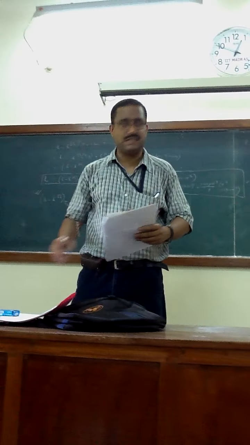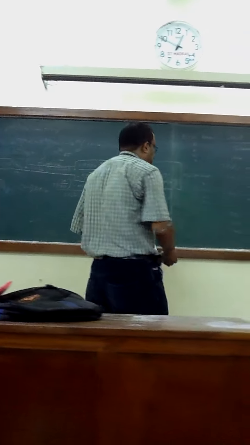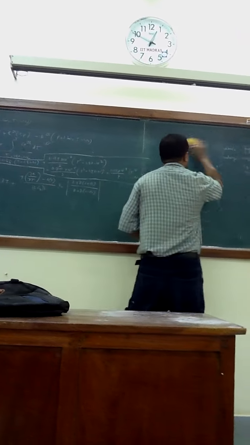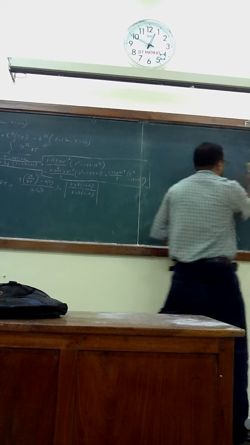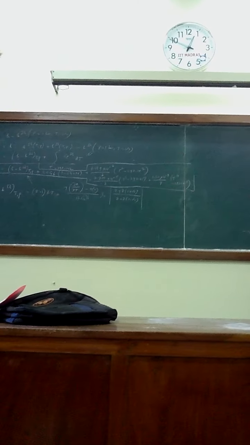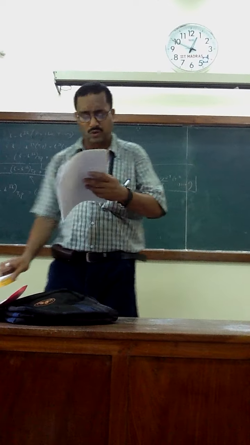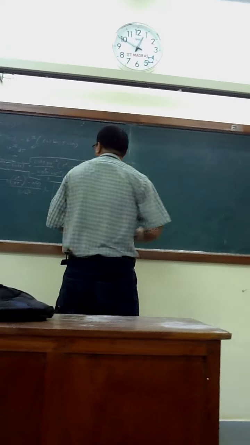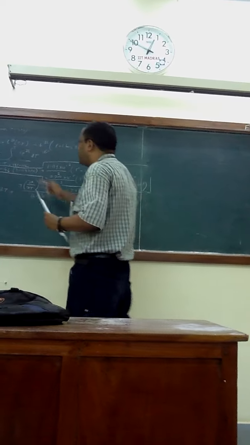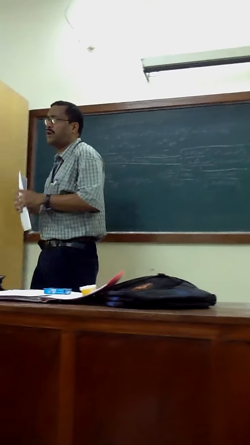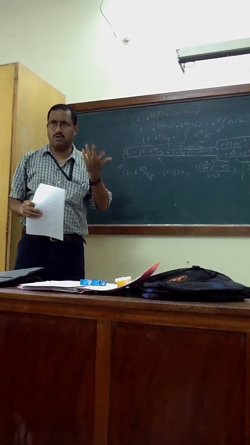Next comes S. How to calculate S? To calculate S, the same thing will go, because we also assume that S^ig at P equals 1 bar, T equals 25 degrees centigrade goes to 0.